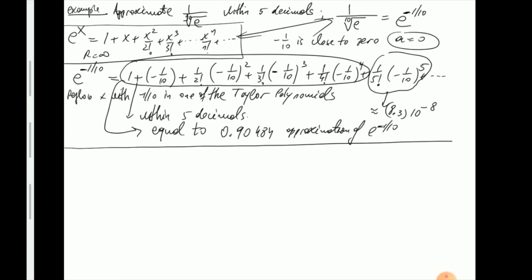Two more applications before we call it a day. We could use Taylor series to calculate, for example, integrals that otherwise are hard or impossible to compute. So there are entire branches of mathematics, like for example, partial differential equations methods of solving, in which it's impossible to use classical functions to solve the problem.